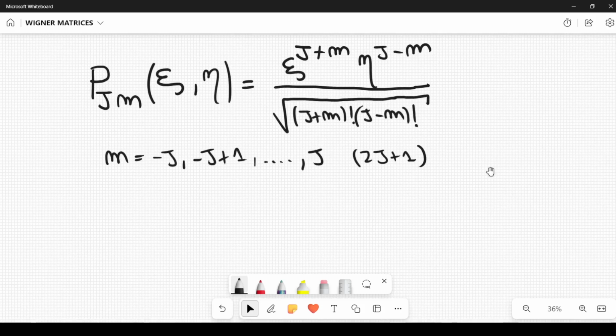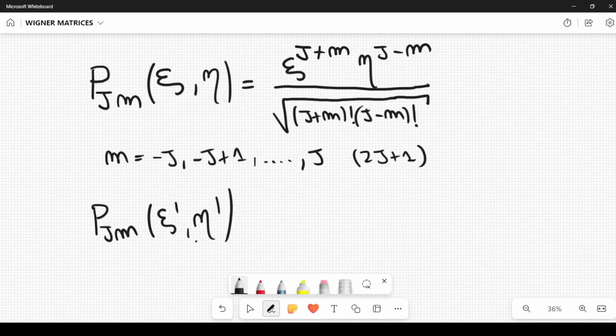Now, what I want to do is write down p_jm of xi prime, eta prime. So it is a polynomial of the rotated variables.